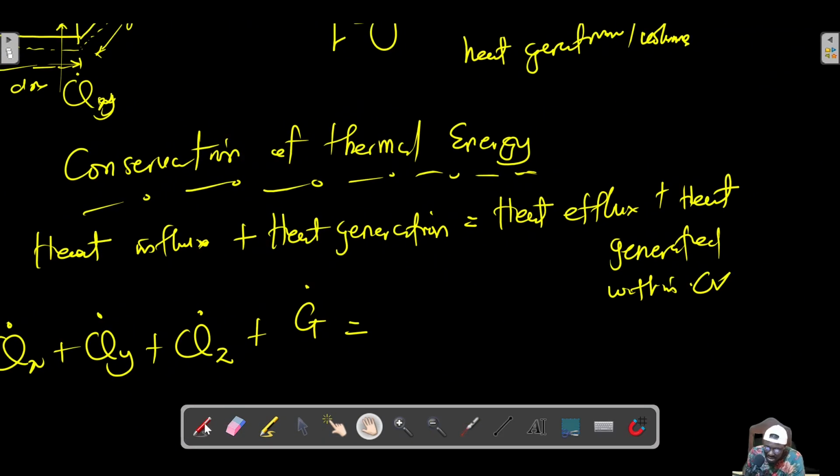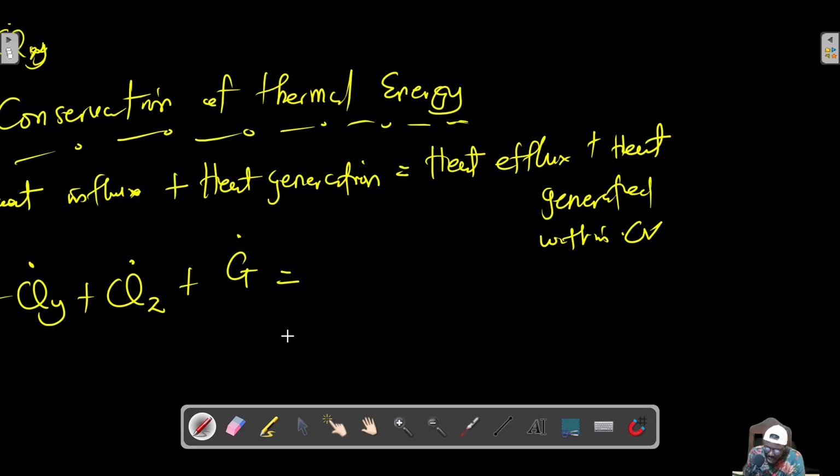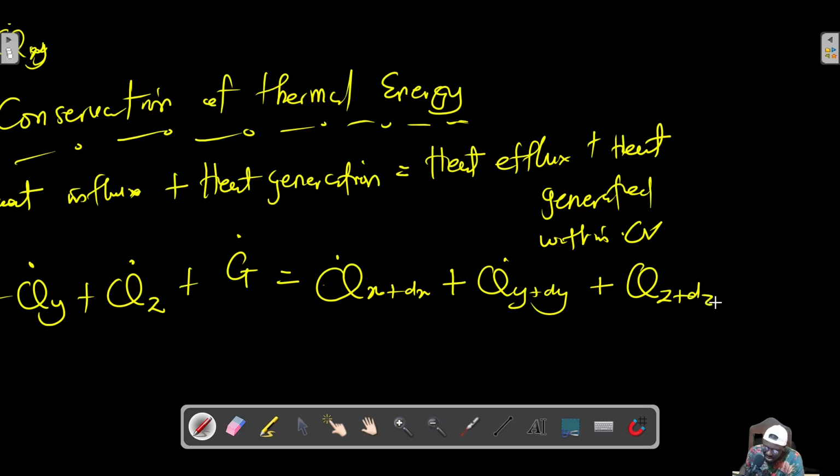Then I end up with Q x plus dx dot plus Qy plus dy dot plus Qz plus dz dot, that's my heat efflux, plus heat, oh sorry, this is not supposed to be heat generated within the CV. It is the time rate of change of thermal energy, if I should say.